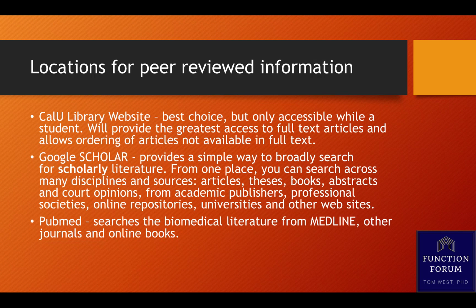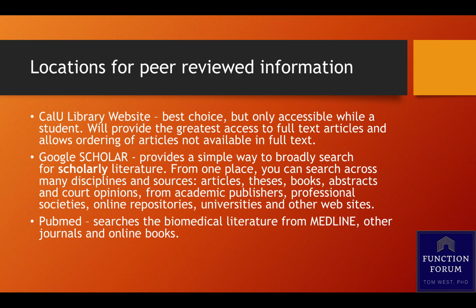So at the end, you still end up with a PDF of the article. Google Scholar provides a simple way that you can search for scholarly literature. Now, this isn't Google. This is part of Google, but you have to go to the Google Scholar search bar to add these terms. From there, you can find articles, theses, books, abstracts, etc., from academic, scholarly sources that have gone through the peer-reviewed process.